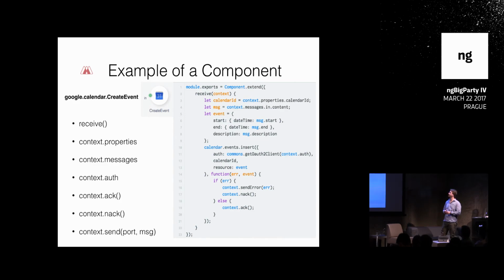But what's nice about it is that the programmer of the component does not have to deal with all the authentication stuff, right? So they don't have to deal with requesting access tokens, refreshing tokens, anything like that. Everything is handled for them by the engine, right? So the programmer of the component can safely assume that the context auth object contains everything they need to be able to call the API.